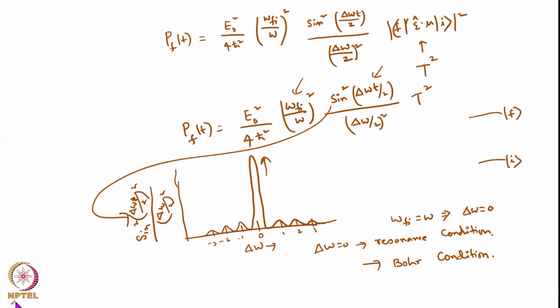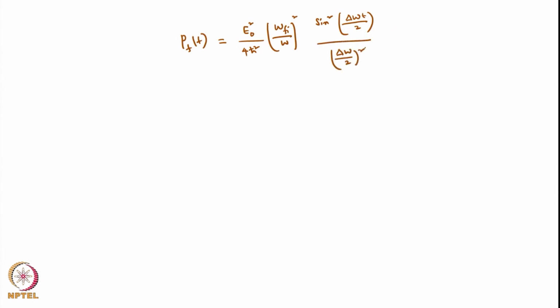So essentially your Pf of t equals E naught square by 4 h bar square, omega Fi by omega whole square, sine square del omega t by 2 divided by del omega by 2 whole square, times f.